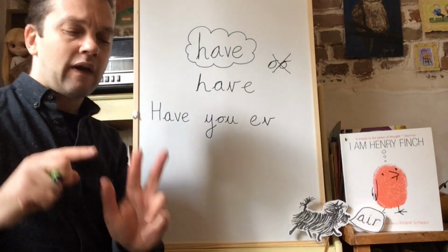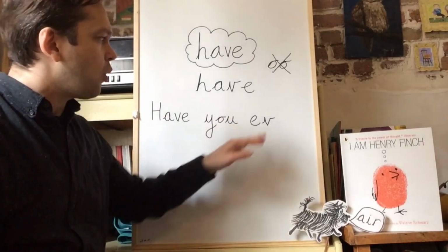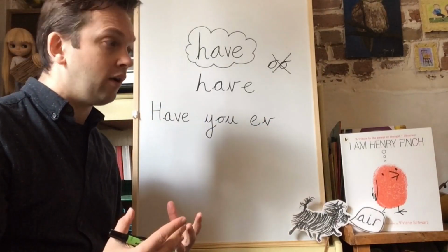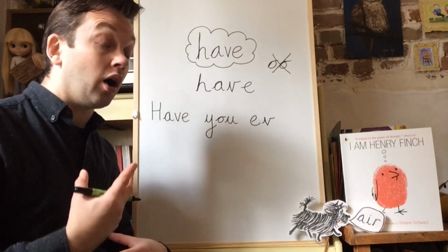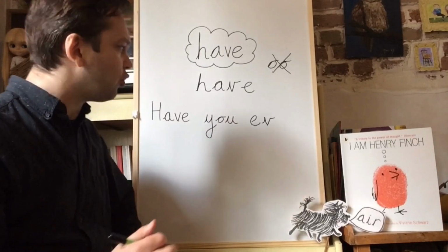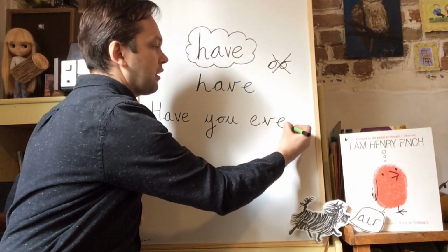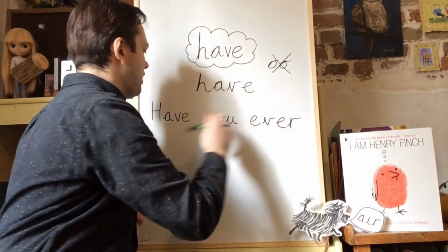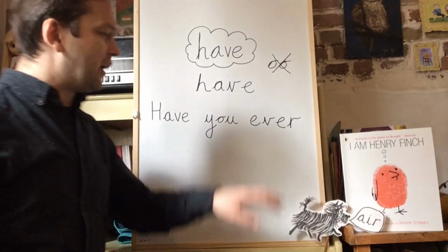And then, when a word ends with that sound, do we spell it with the letters ER or UR? You're right, it's almost always ER. Have you ever? Have you ever?